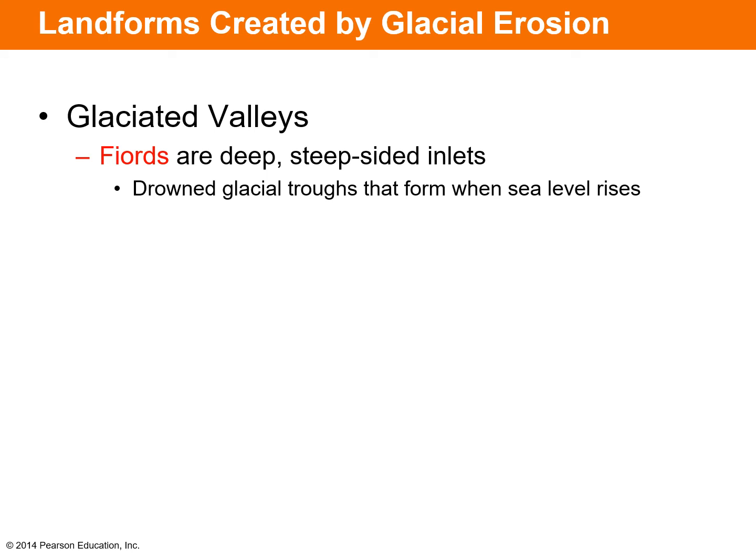Glaciated valleys are also often filled by fjords, which are deep, steep-sided inlets. Typically, this is referring to an ocean inlet. And these are basically drowned U-shaped glacial troughs that form when sea level rises relative to the land that was originally carved out by the glacier.